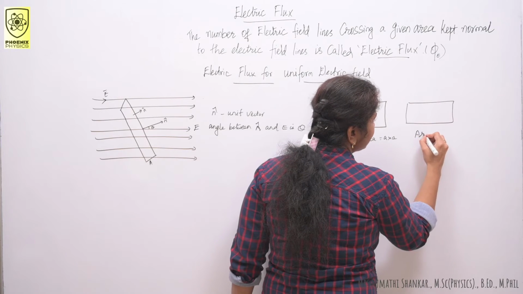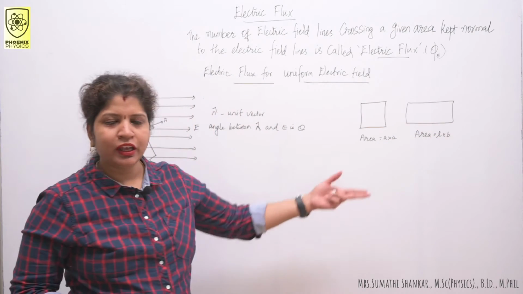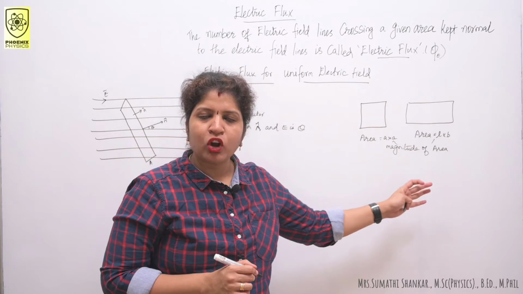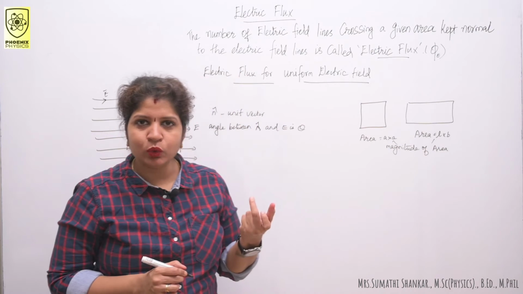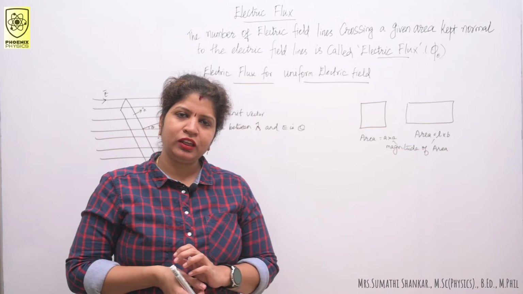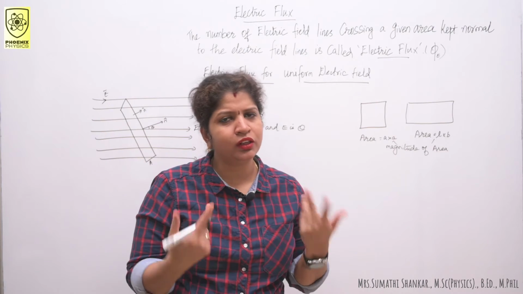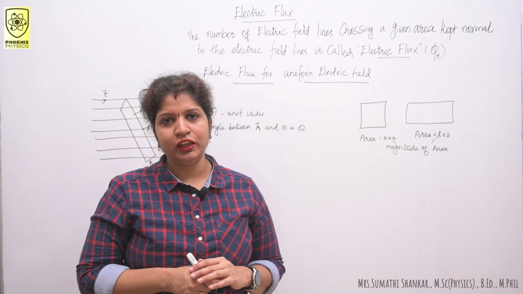Area means l into b, length into breadth is nothing but area of the rectangle. The product of a into a or l into b will give the magnitude value of area. Now tell me, is area a scalar quantity or a vector quantity? Area is a scalar quantity only.